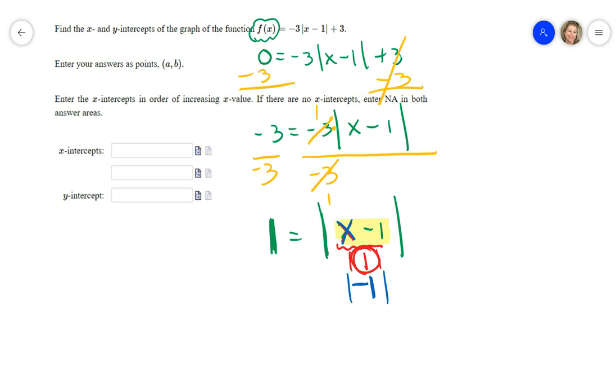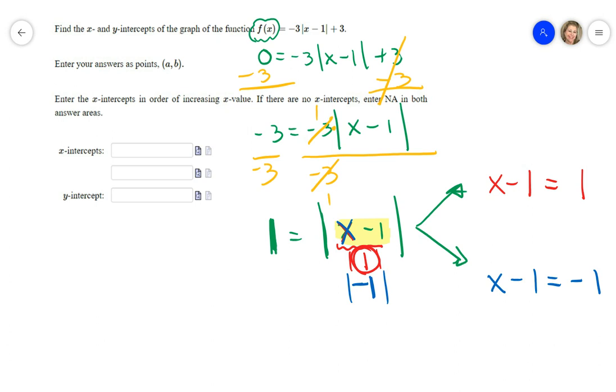So that's where we split it into 2 equations. Either the x minus 1 is equal to a +1, or the x minus 1 is equal to a -1, because it can be either a 1 or a -1 before you take the absolute value.